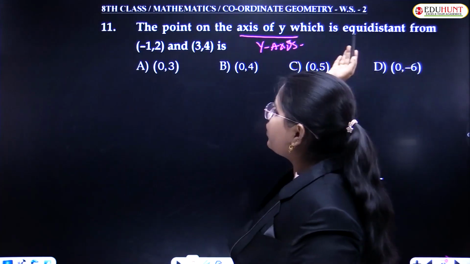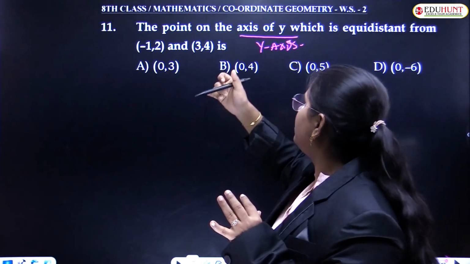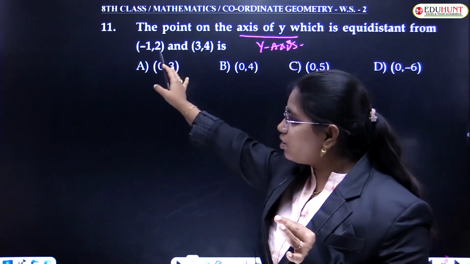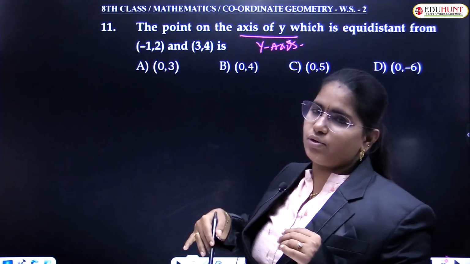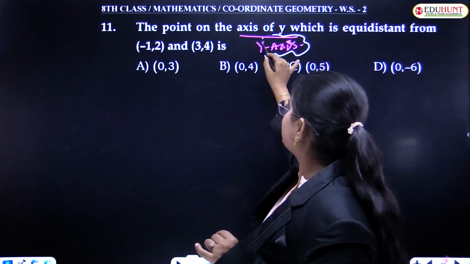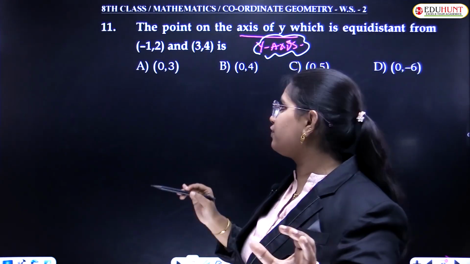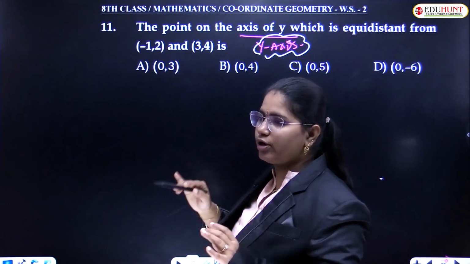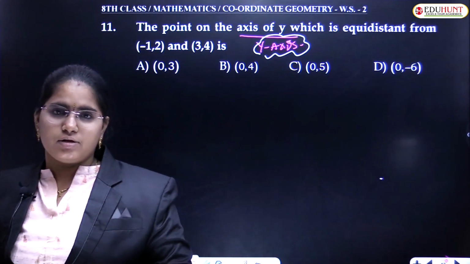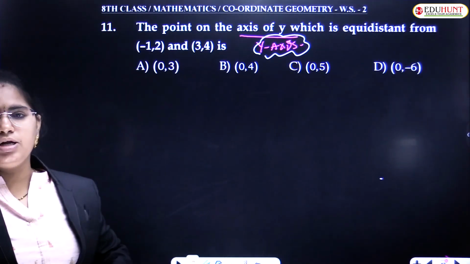Which is equidistant, that is, at an equal distance from minus 1, 2 and 3, 4. Whatever point you are considering on the y-axis, that is taking equal distance from this point to this point, right? This point to this point. So let's apply the distance formula.